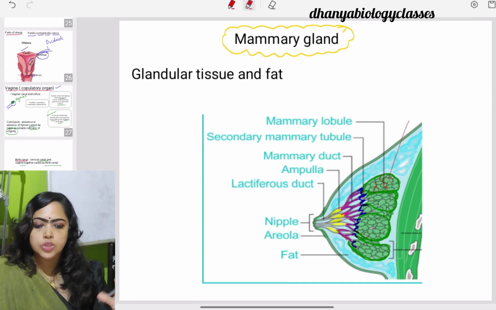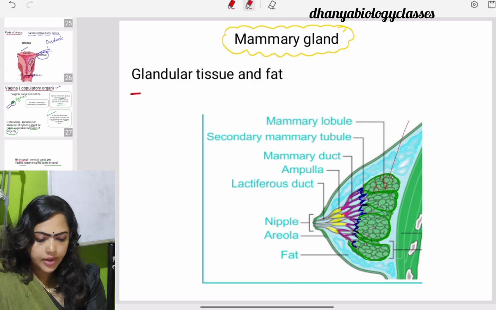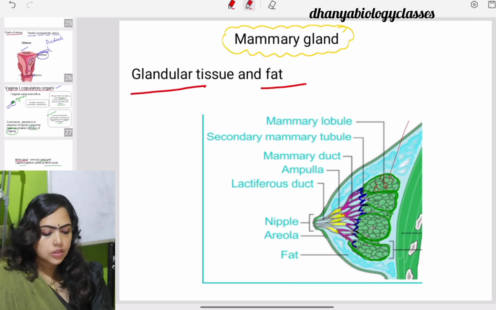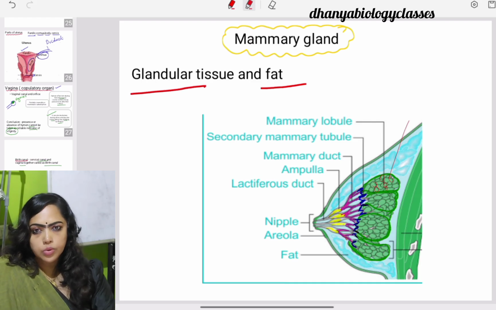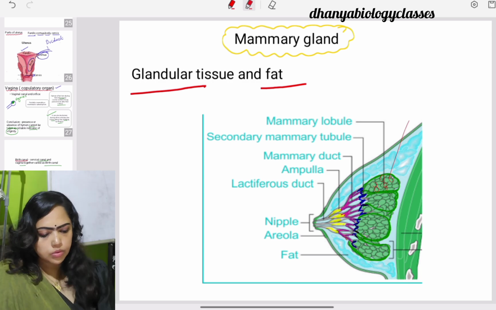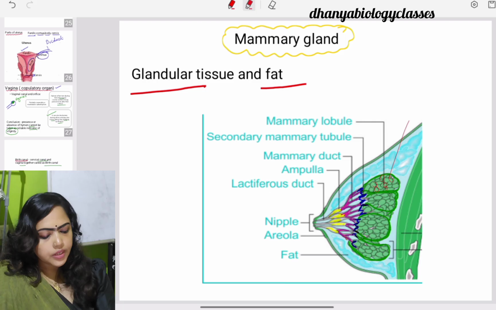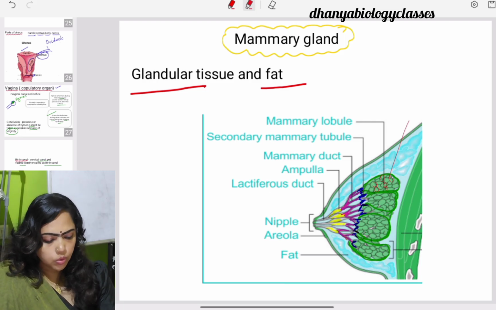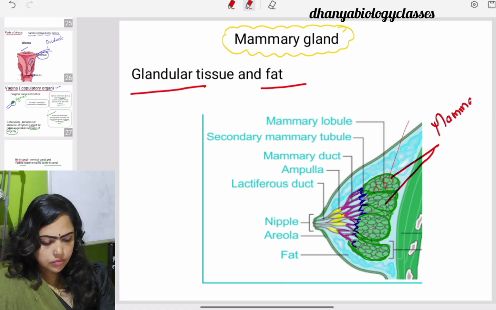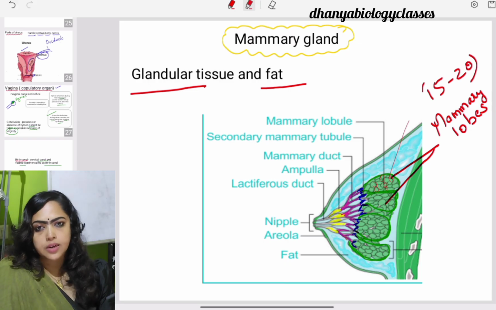And then the mammary gland. It consists of glandular tissue and fat, a variable amount of fat. So let's see the anatomy of the mammary gland. It consists of mammary lobes. All these are the mammary lobes, which are about 15 to 20 in number. 15 to 20 mammary lobes are present in each mammary gland.